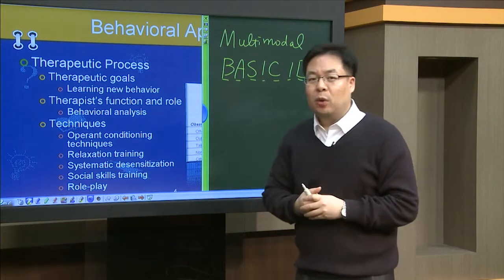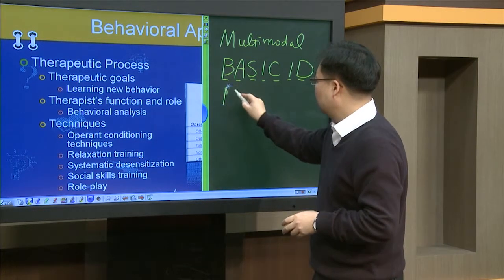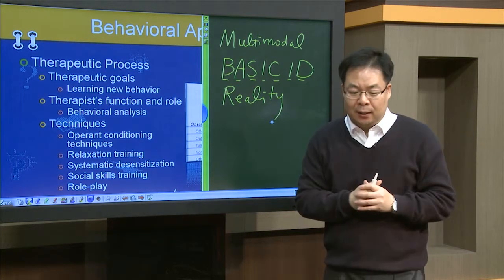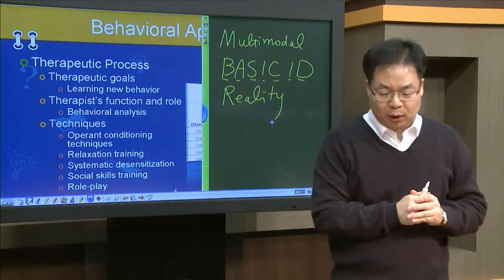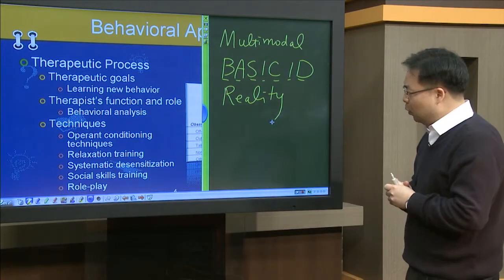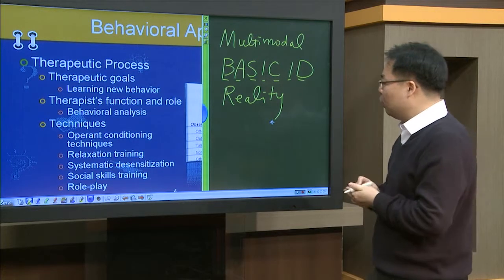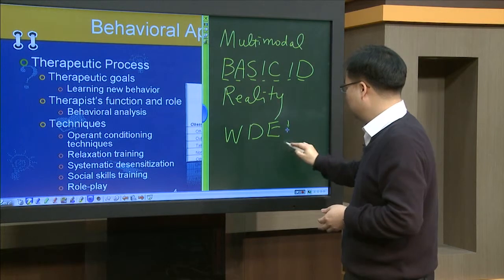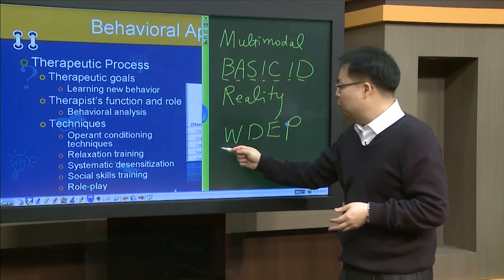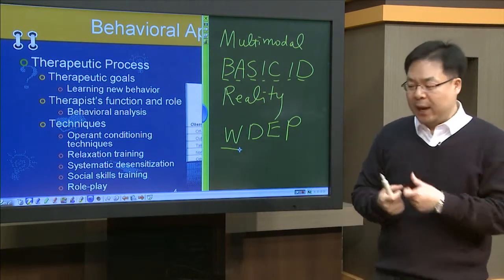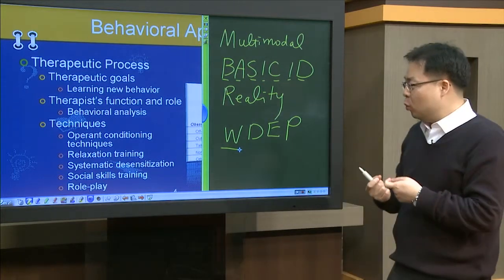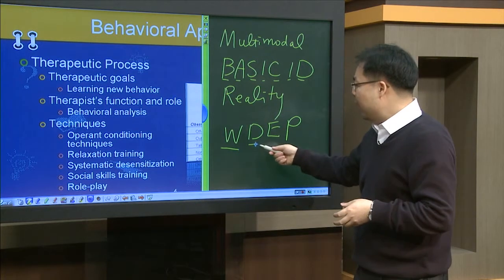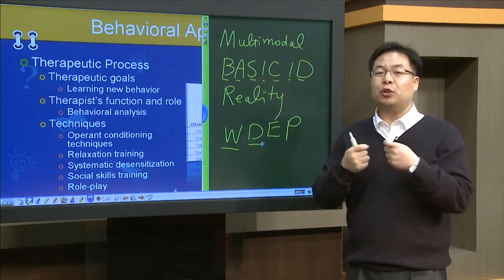And another one is reality therapy by William Glasser. This one also focuses on behavior. It's called the WDEP system. In this approach, they explore what you want. So we ask the client, what do you want? What do you want from our relationship, from the counseling? What have you done to change your behavior?